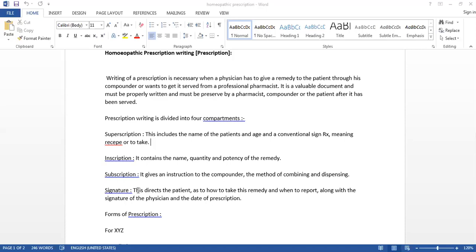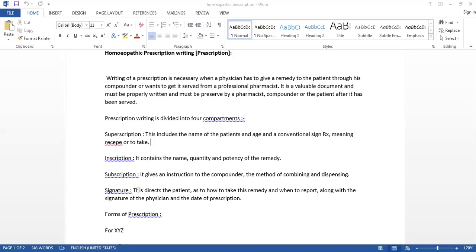The second is the form, that is the shape. So the prescription writing should be in a simple form. Either it may be in English, or you can write in Latin. Suppose you want to give the patient Pulsatilla 200, 2 doses, 2 times a day.